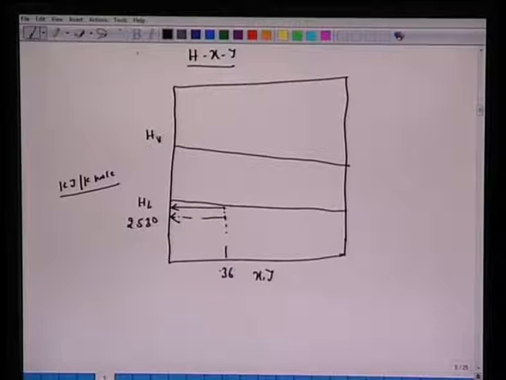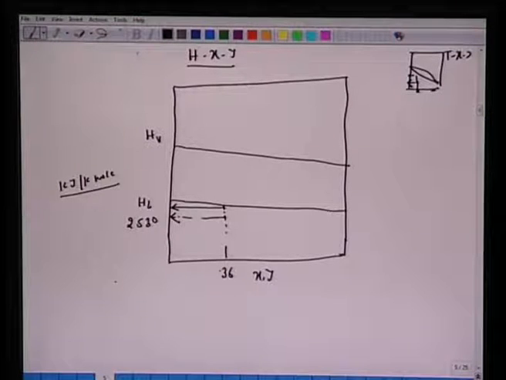So again, this HXY diagram has to be read or interpreted in conjunction with this TXY diagram. So our feed composition was 0.36. We realized that this temperature is smaller than the saturation temperature.